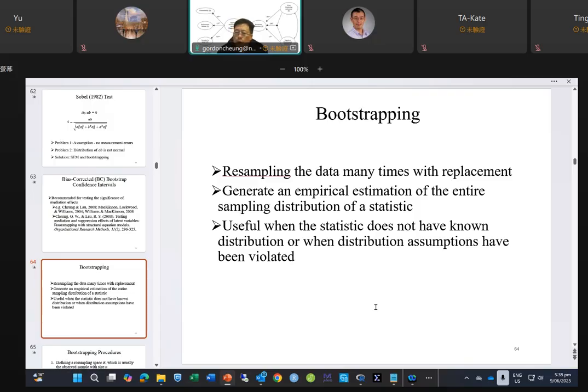What you can do is plot the distribution of the 1,000 indirect effects, and then find the lower 2.5% and the upper 2.5%, or we should say the middle 95%, to form the 95% confidence interval. If the 95% confidence interval does not include zero, then we will say your estimate is significantly different from zero.